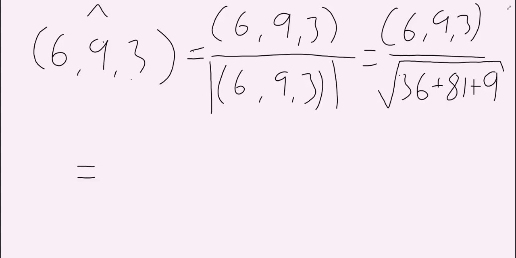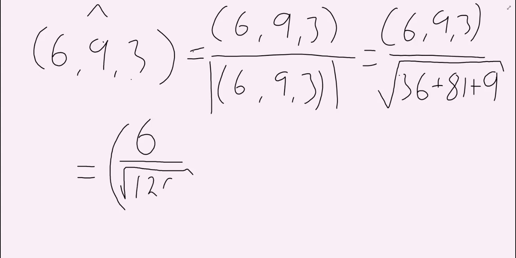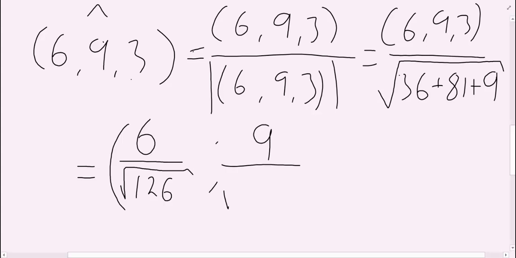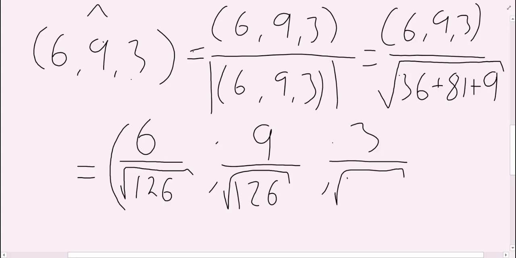So that would be 6 divided by the square root of 126, 9 divided by the square root of 126, and 3 divided by the square root of 126.